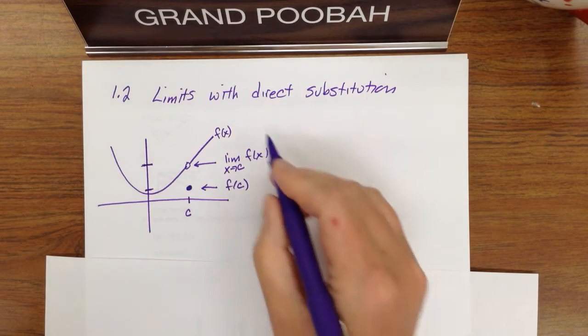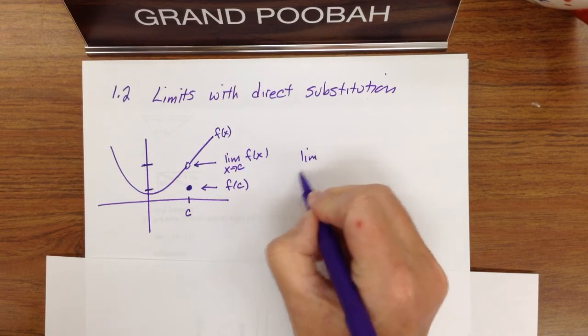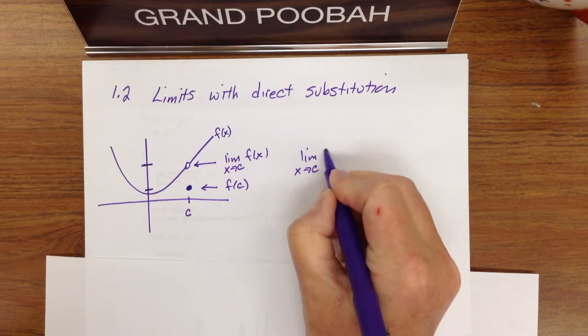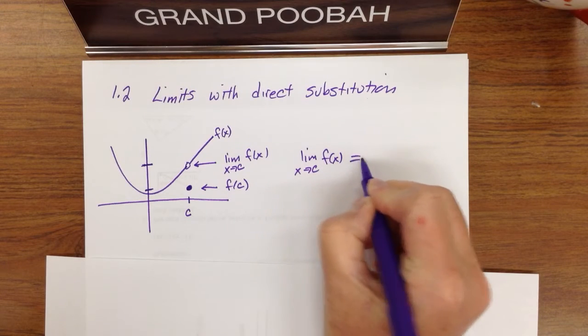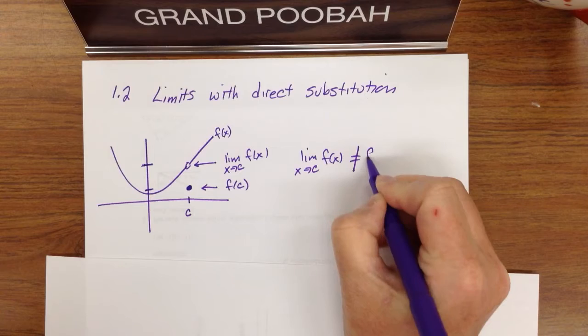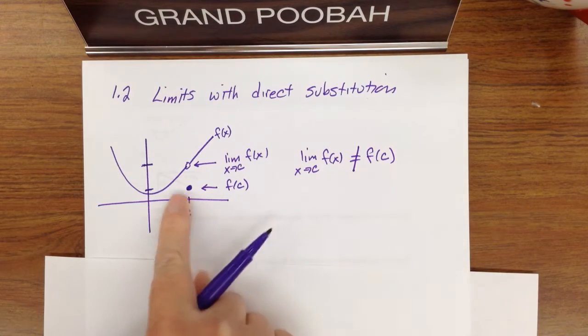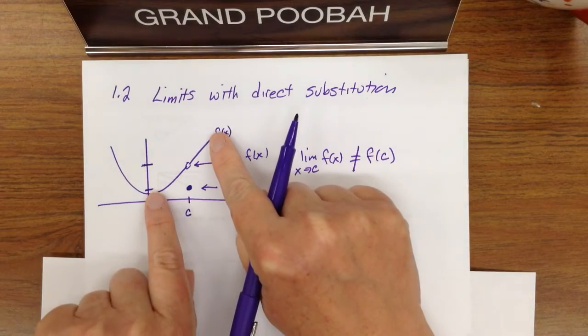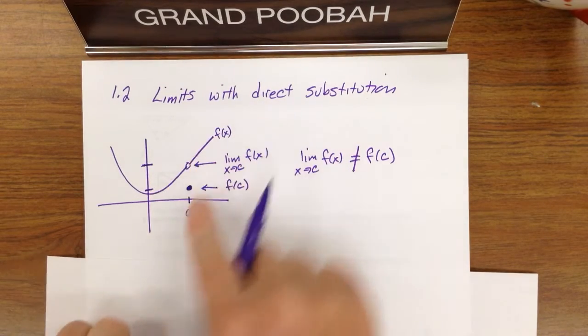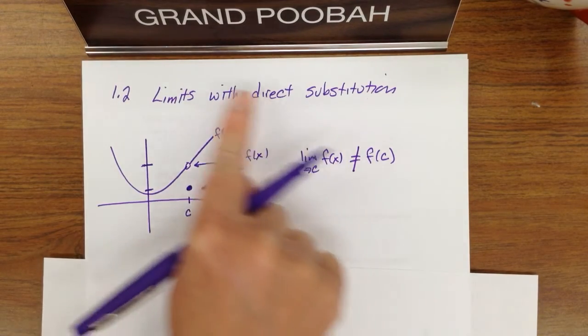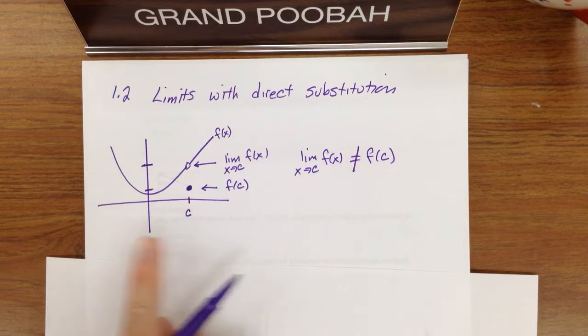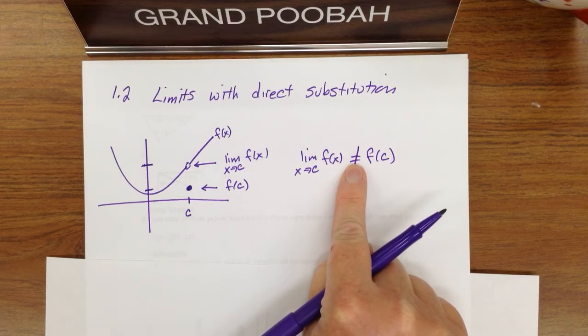In this picture, the limit as x approaches c does not equal the value of the function, the dot height. The limit height is approaching here, but the dot height is there. And in this example, these are not the same value.